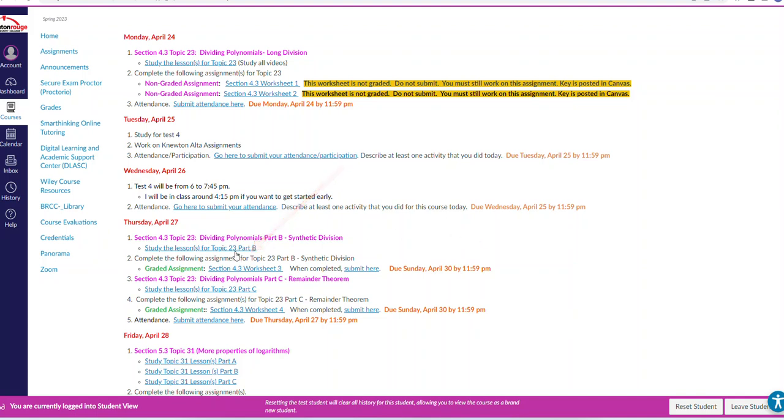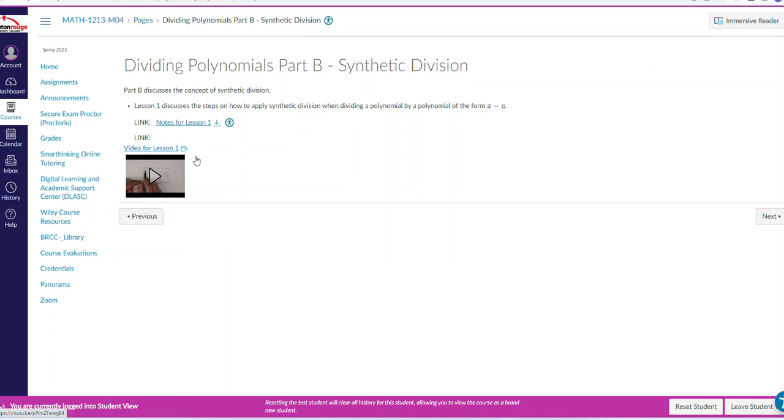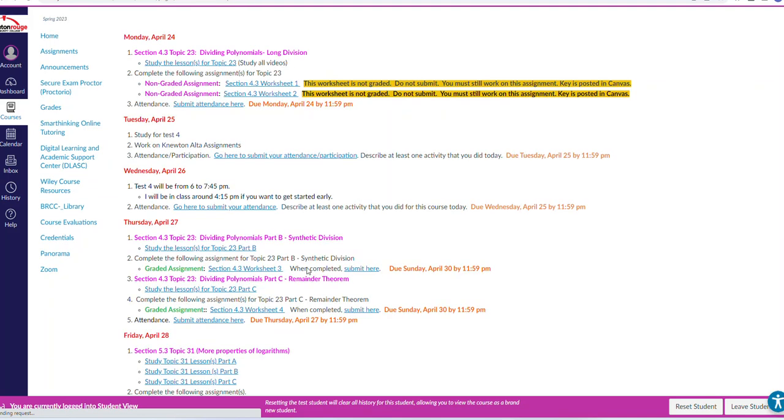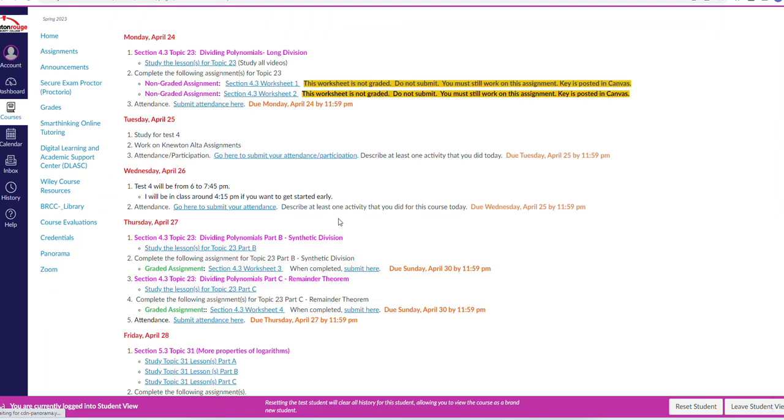When you click on this lesson, notice there's a lesson here on synthetic division. And when you go to part C right here, that's the one on the remainder theorem. There's a lesson there on how to use the remainder theorem to evaluate polynomial functions. So make sure you understand synthetic division and you understand the remainder theorem.